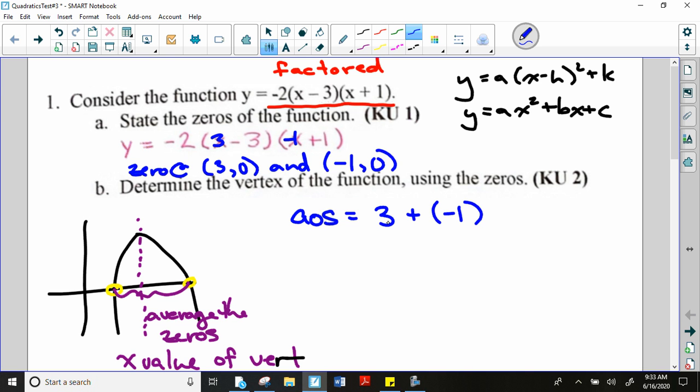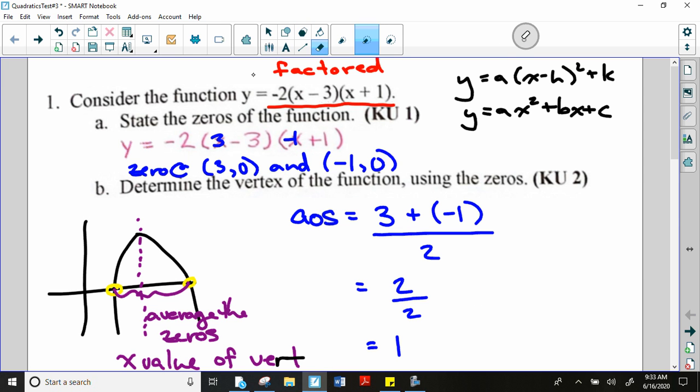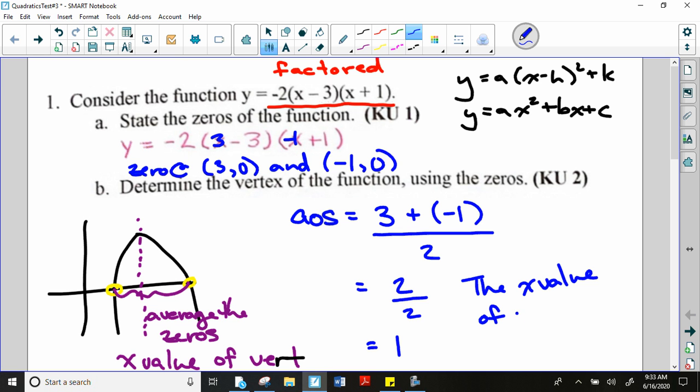I'll throw that in a bracket so you can see why things happened. There are two numbers, so I divide by 2. 3 plus -1 gives us 2, divided by 2 gives us 1. So the x value of the vertex is 1.